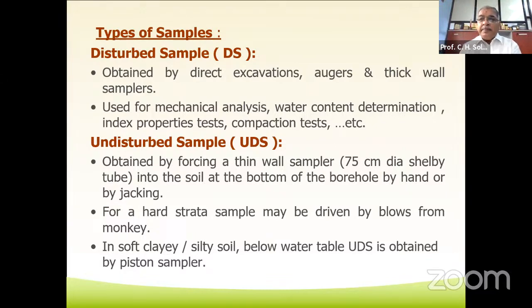Whereas undisturbed samples are very significant in performing the strength test as well as the compressibility test. For the strength and compressibility parameters which we find in the laboratory, we mostly use undisturbed or remolded samples.